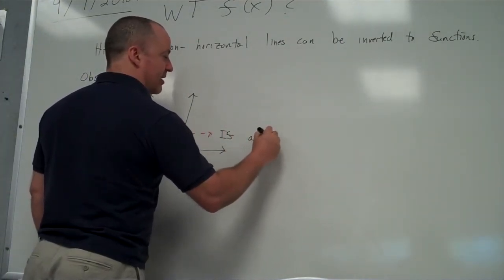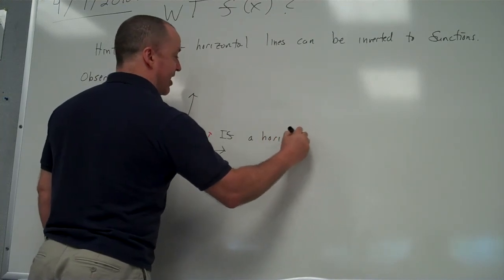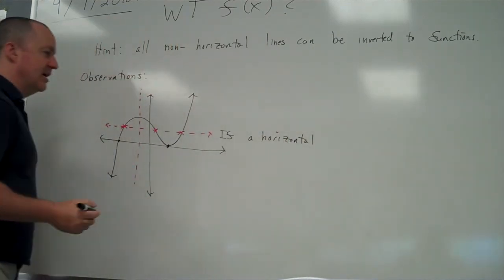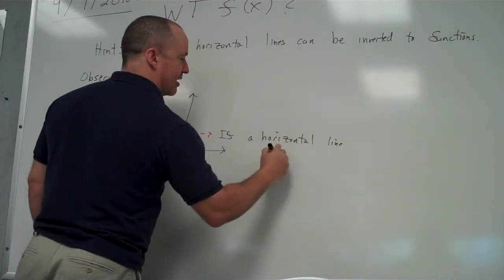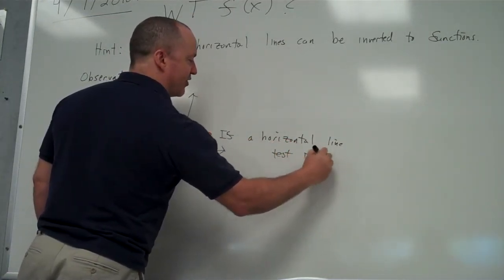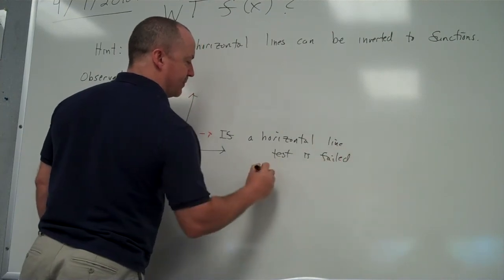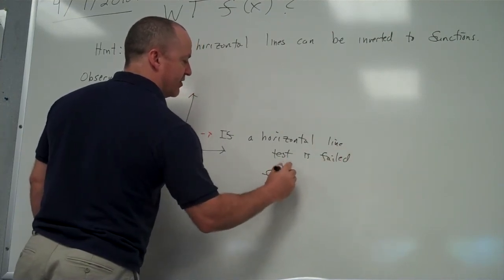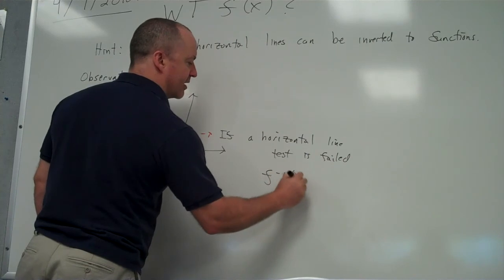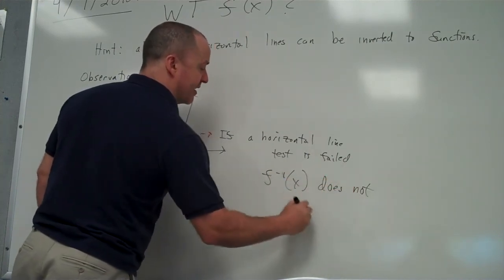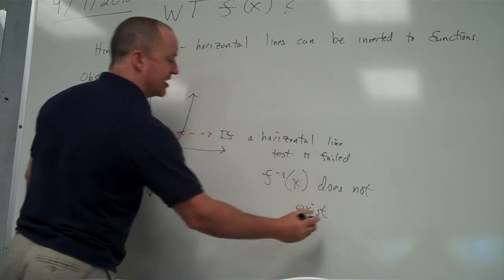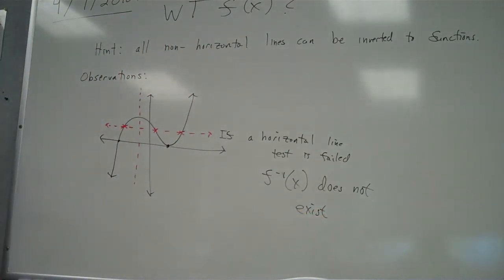If a horizontal line test is failed, the inverse function does not exist. Good trick question.